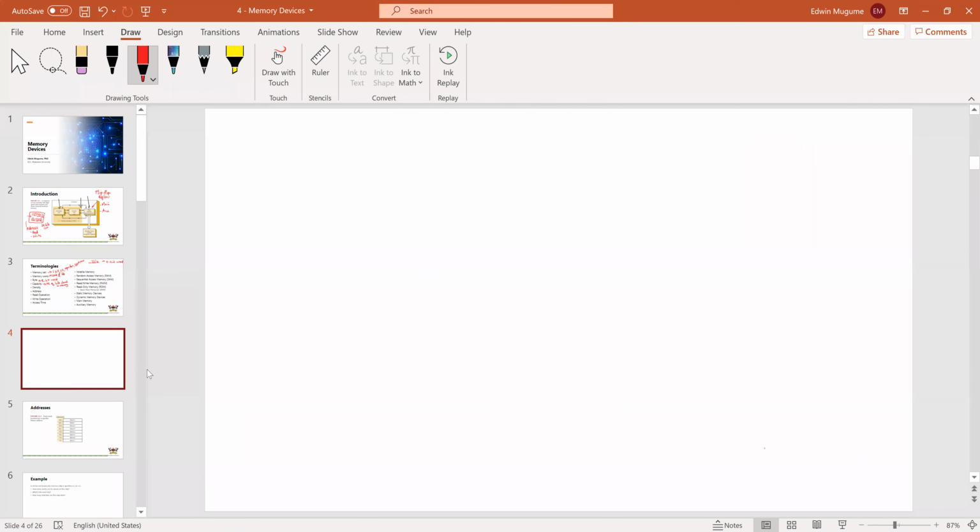Now let's assume that we have stored 1024 words. Each word is 8 bits, or each word is a byte. So we can simply say that for each of these 1024 words, each one has 8 bits.